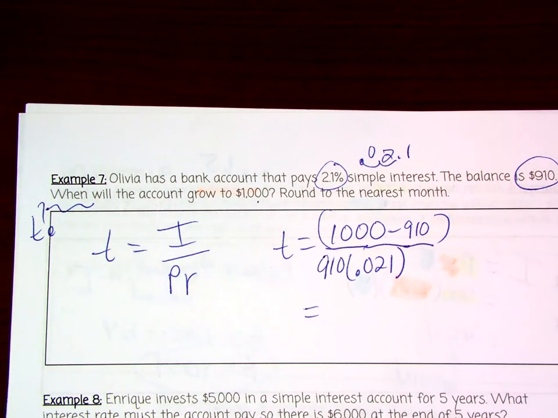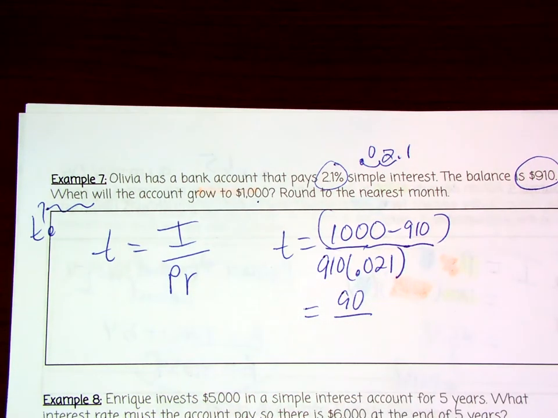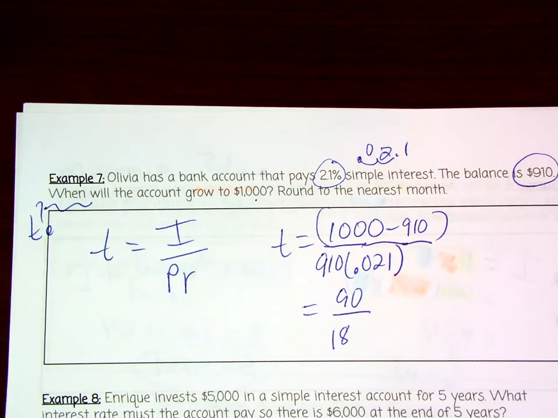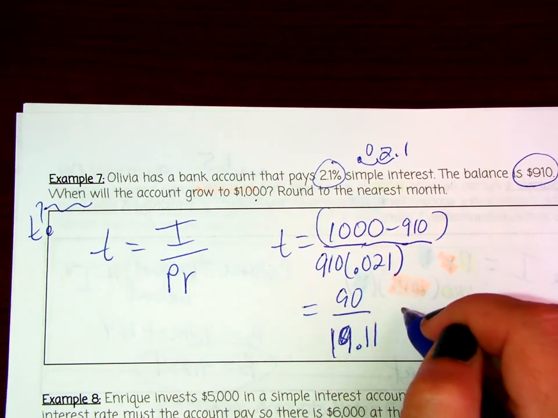So 1,000 minus 910 is really going to be 90 divided by 910 times 0.021, which is 19.11.